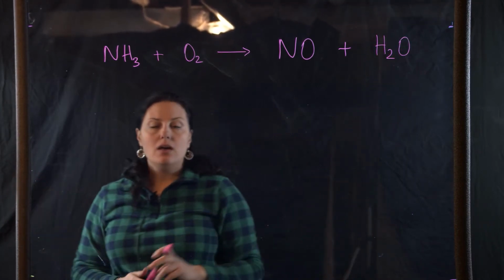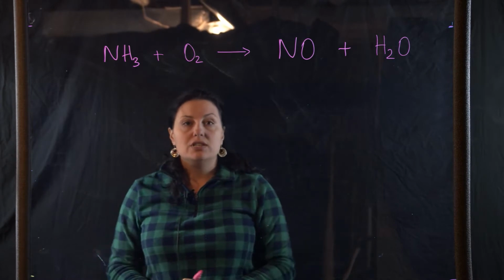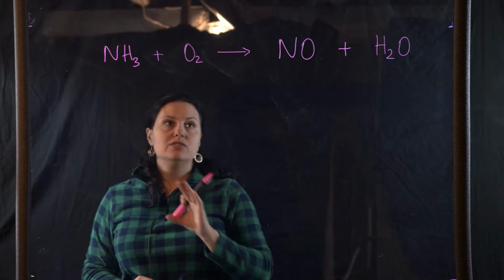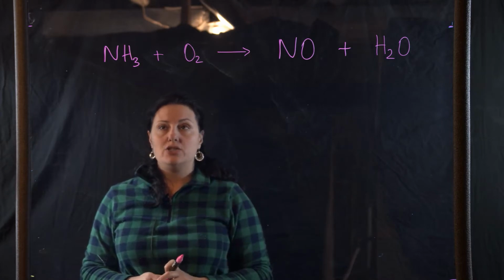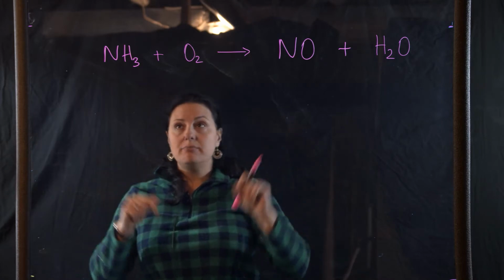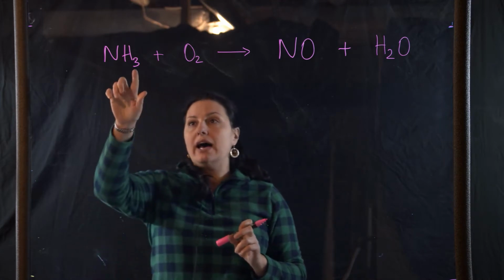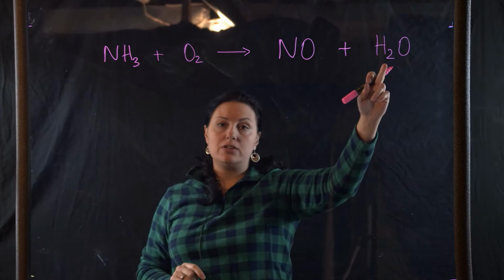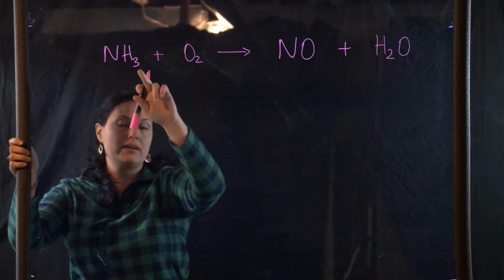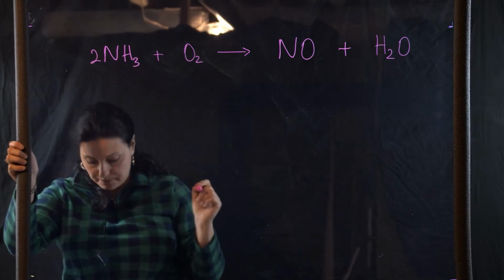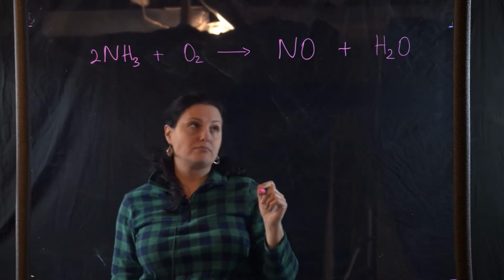As I mentioned in the lecture, the first step to any stoichiometric problem is you need to balance the equation. This isn't balanced, so how do I go about it? Well, first, I see that I have 3 hydrogens here and only 2 here, so I can make this from an odd to an even by putting a 2 up front here.